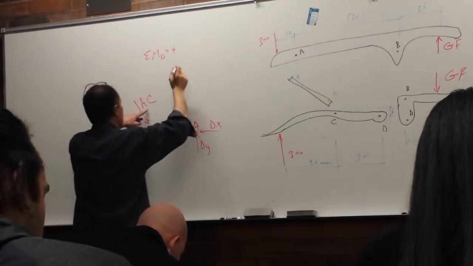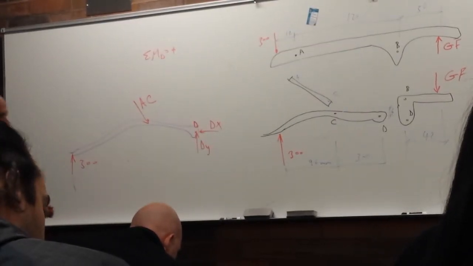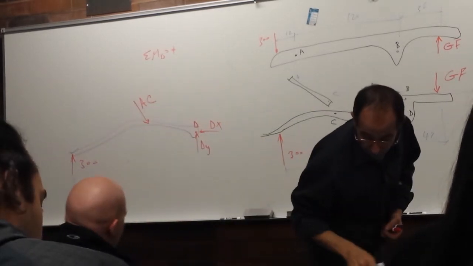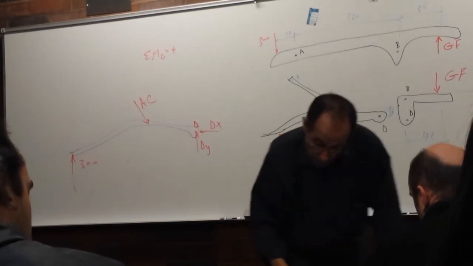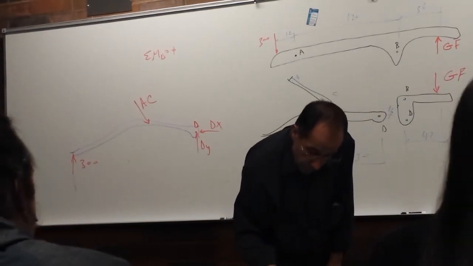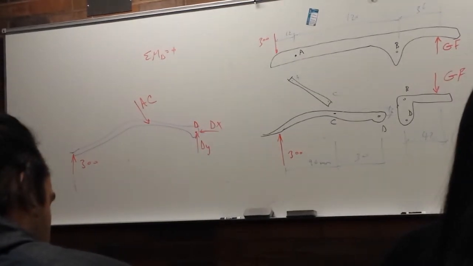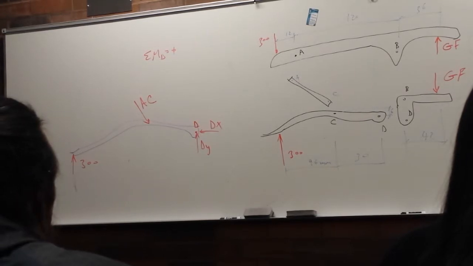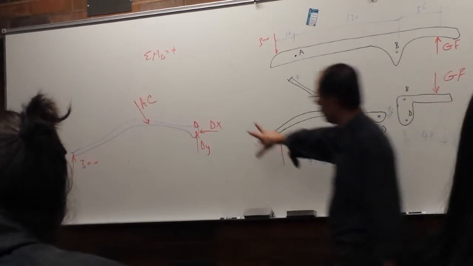I have AC. Before AC, let's calculate alpha. Why wouldn't you take the moment at C? I have two unknowns, Dx and Dy. I need to get rid of two unknowns.